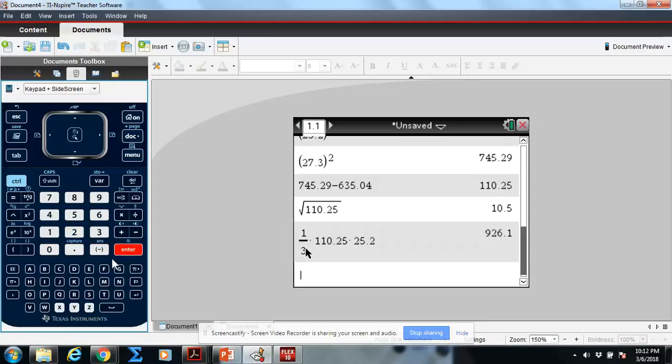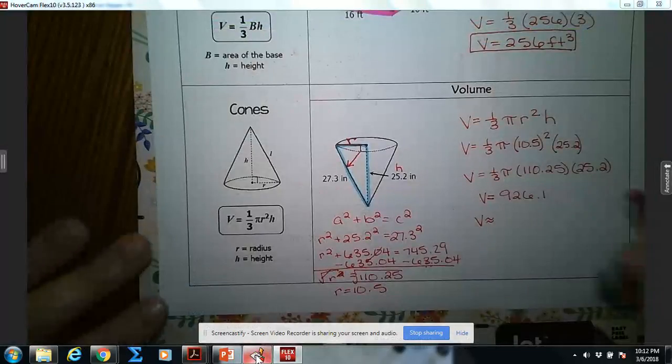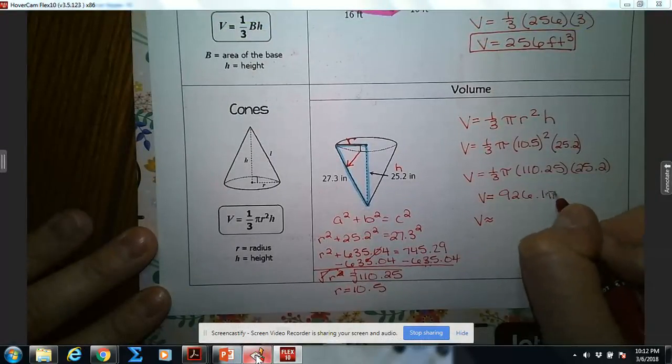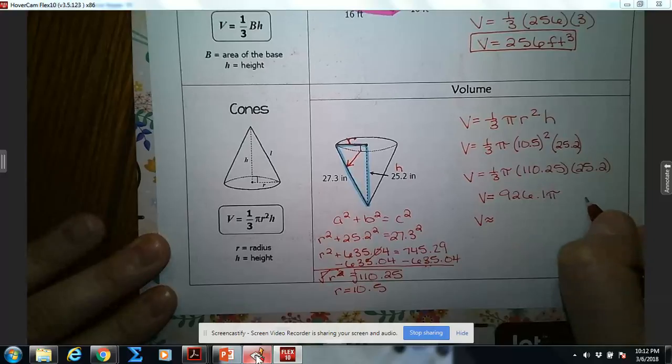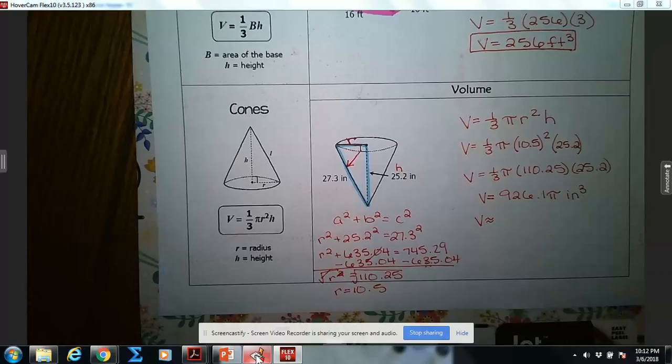I'm getting 926.1, and we haven't used pi yet. So 926.1 pi inches cubed, because we're measuring volume.